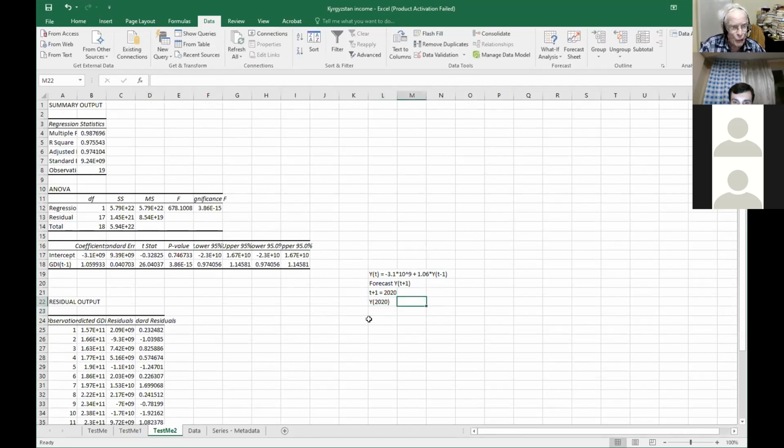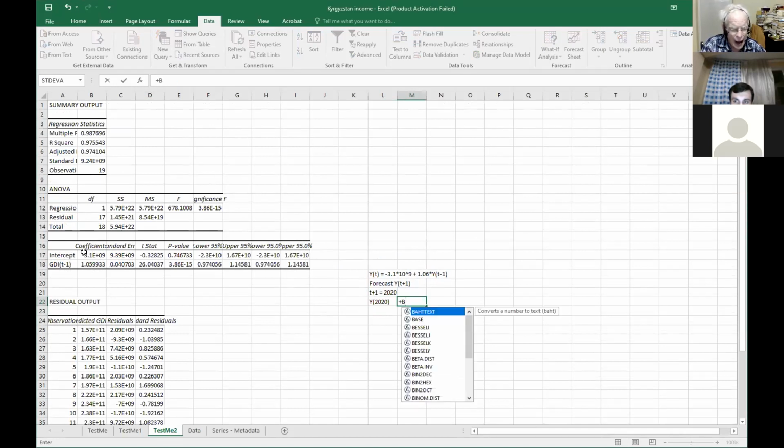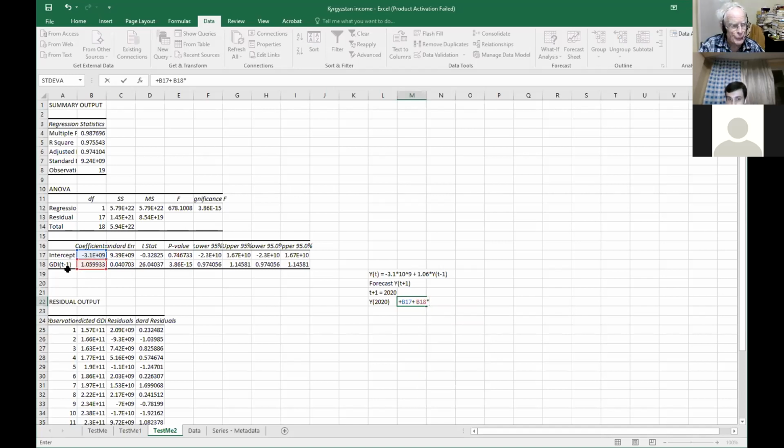So our value is the intercept. I'm going to just refer to the original cell. So this is D17, that's the coefficient on GDI, and D18 times the value of gross domestic income in the year 2019.